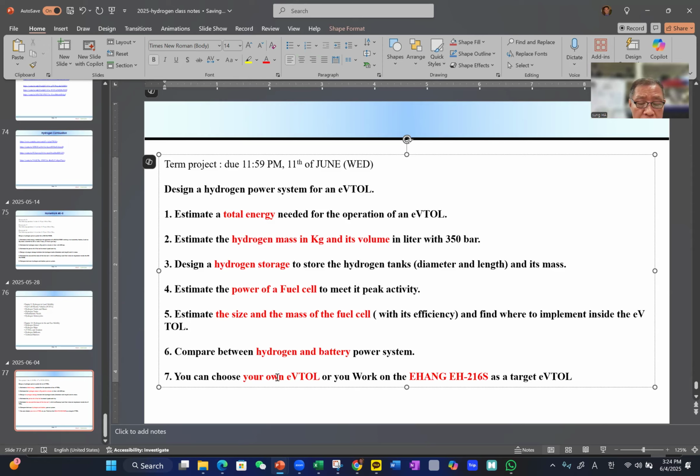Your own eVTOL means that you can define the number of passengers and total weight of the eVTOL and the maximum range of flying based on those characteristics, and then you can come to more detail about the specification of a hydrogen tank and also a fuel cell. But you may prefer to start with an existing eVTOL for your convenience.